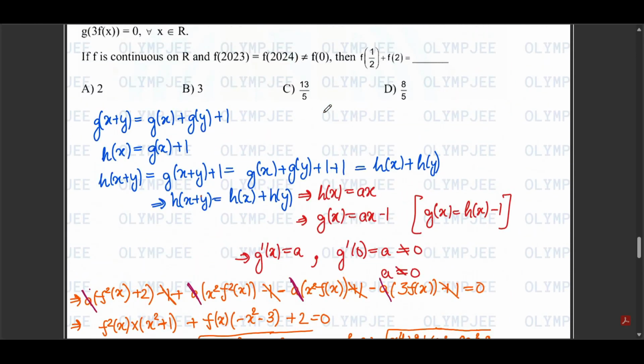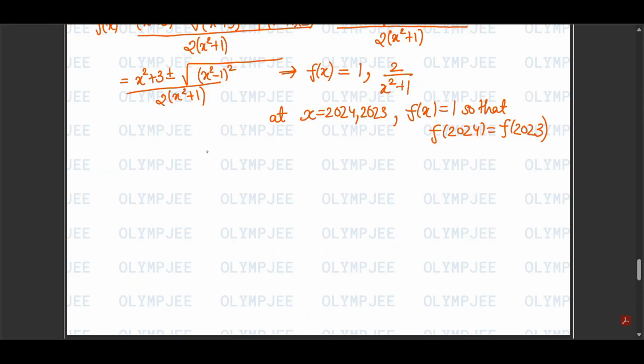And at x equal to 0, f(x) must be equal to 2 by x² plus 1 and not equal to 1, so that f(2024) is not equal to f(0), right?